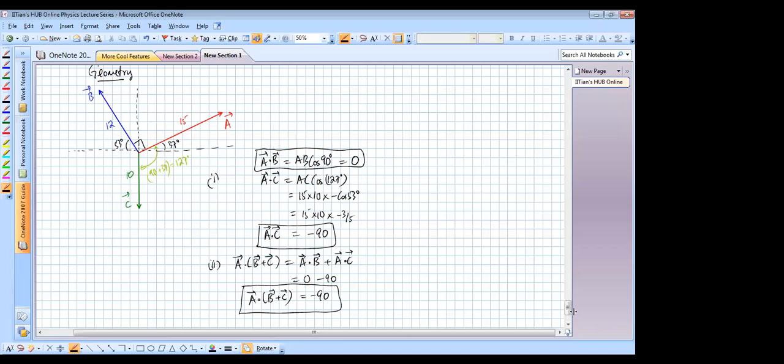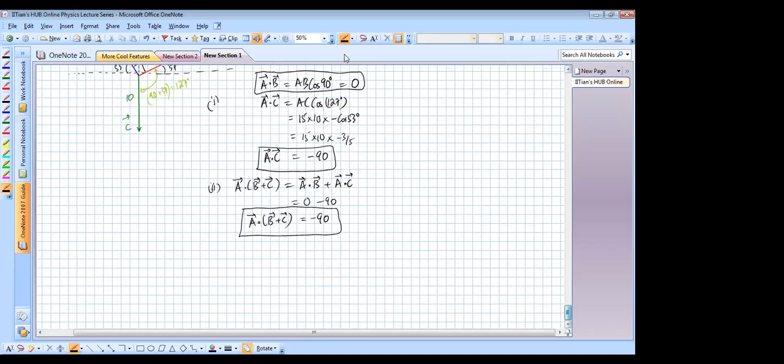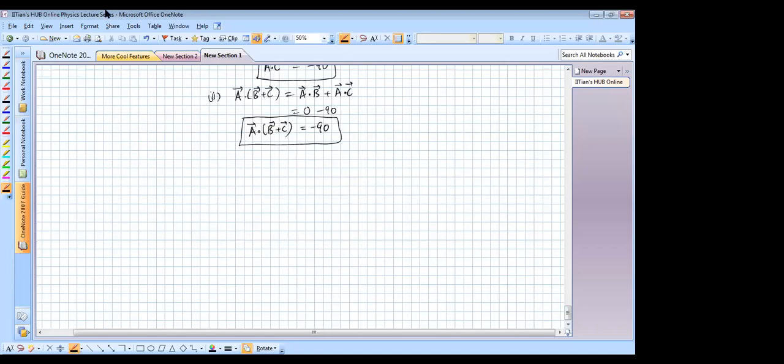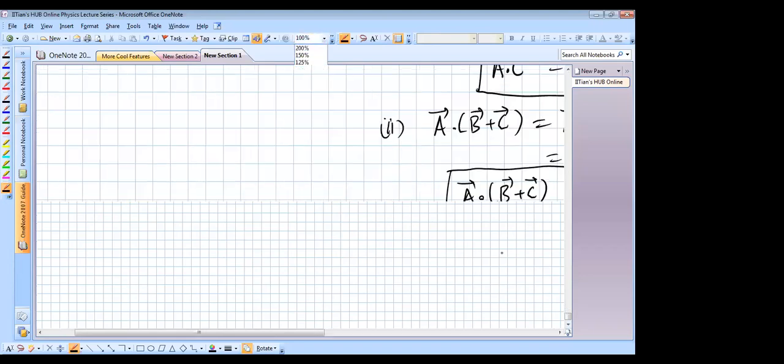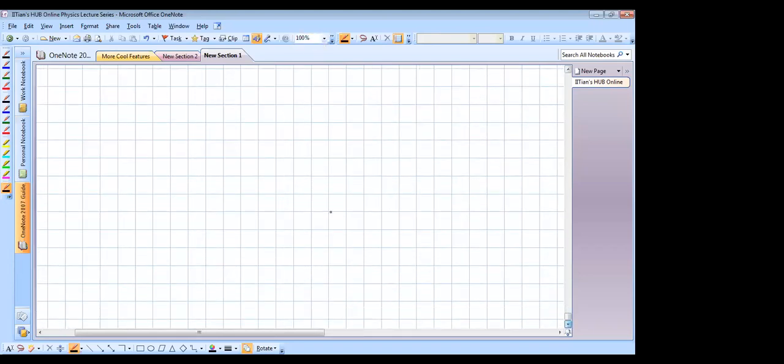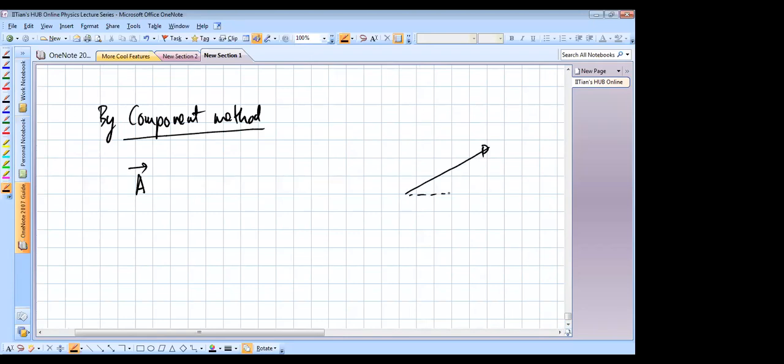Okay. Now let's also do this by component method. So we go by component method. You'll have to first write A, B, and C in component form. So the vector A, you can see, was making an angle of 37 degrees with the x-axis and its magnitude was 15.